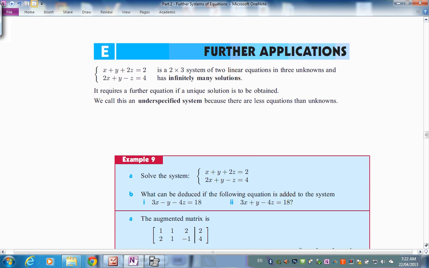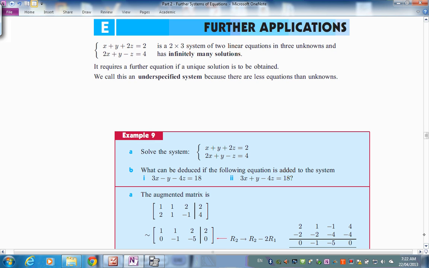Okay, so here we are, further applications. Okay, so what have we got? Well, I mentioned this in the introduction to this part. We have 2 equations as a 2 by 3 system, 2 equations and 3 unknowns. I think you can see now that what Hayes and Harris is saying is going to be true. You can see from our process of elimination, basically in the augmented matrix form, that you do need 3 equations in 3 unknowns to be able to solve uniquely for it.